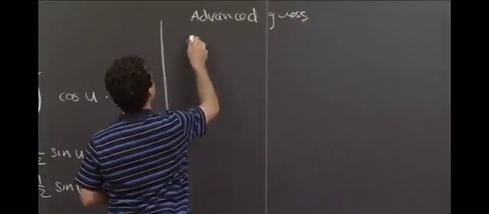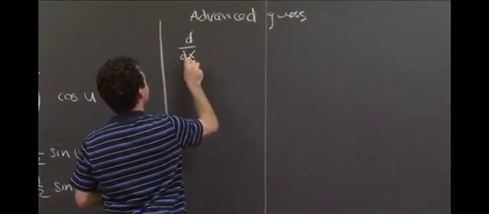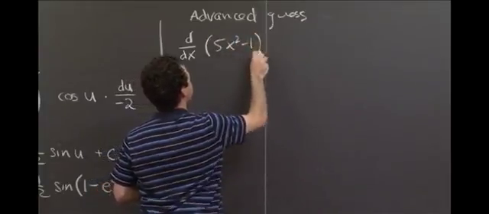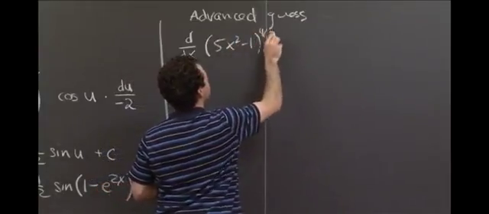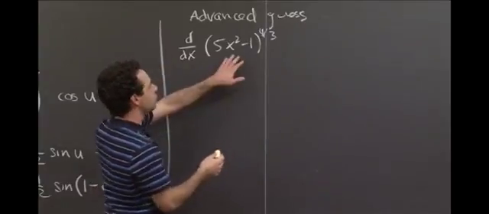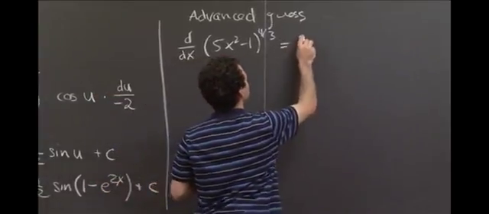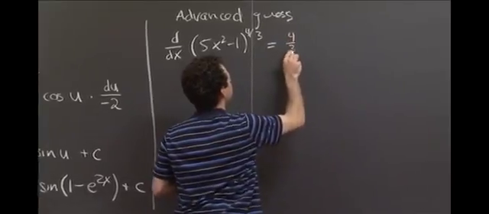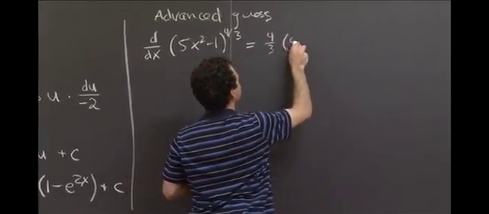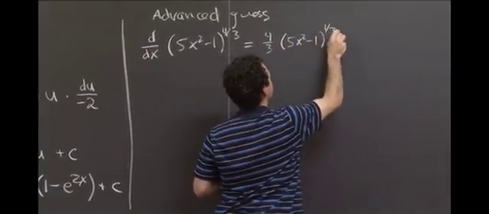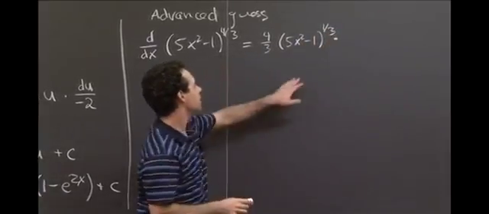is that we can look at d over dx of (5x squared minus 1) to the 4/3. So okay, this derivative we can compute by the chain rule. So this is 4/3 times (5x squared minus 1) to the 1/3 times, okay, now I need to do the chain rule.